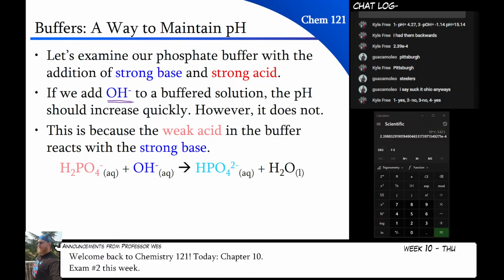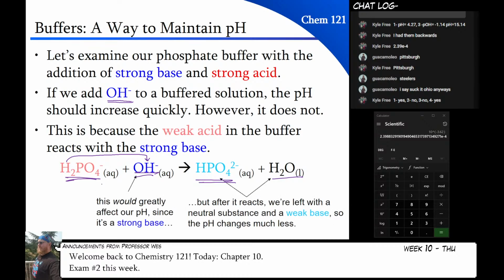What the strong base does is it's going to react with the acid part of the buffer. And when it does that, I'm going to take one of the H's off of here, react with this to form water, and what I end up with is the weak base part of the buffer. So I turn my weak acid part of the buffer into the weak base of the buffer.